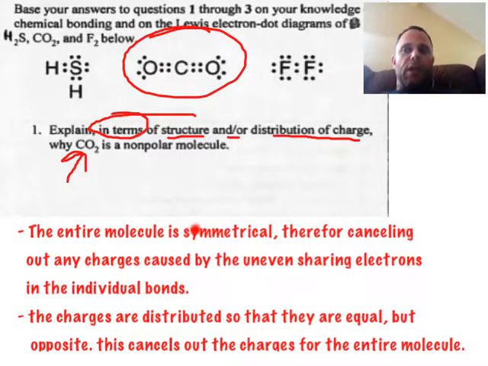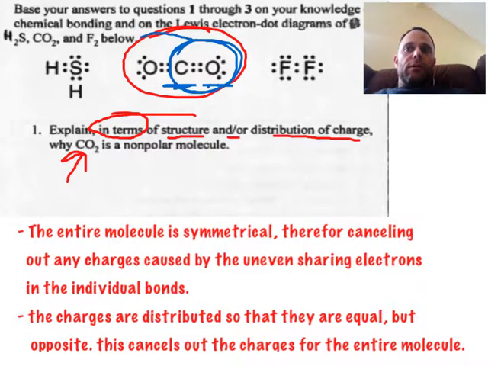Notice I mentioned symmetry. So the entire molecule is symmetrical, therefore canceling out any charges caused by the uneven sharing of electrons in the individual bonds. Now let's focus on that just for a moment, because if you take a look at the bond formed between this carbon and that oxygen, it is a polar bond.